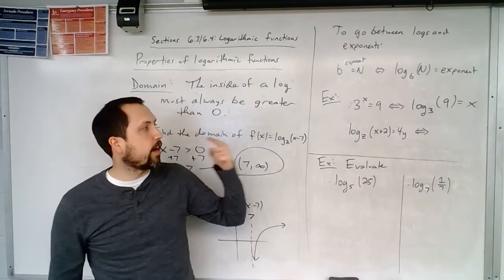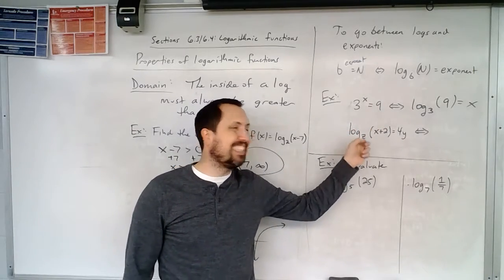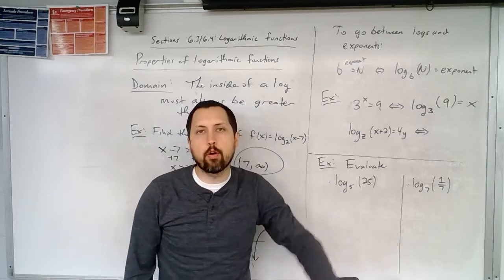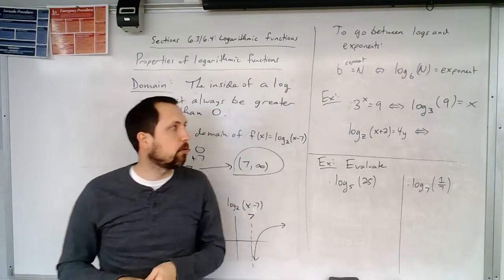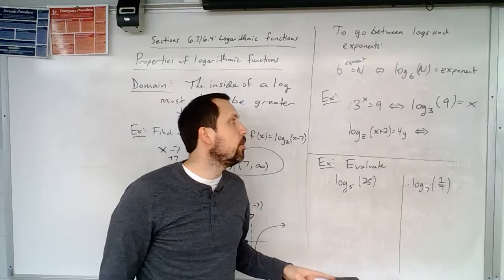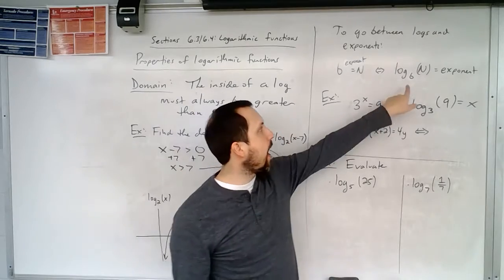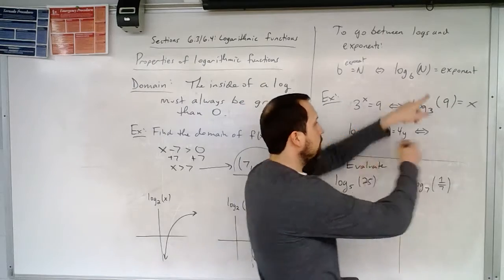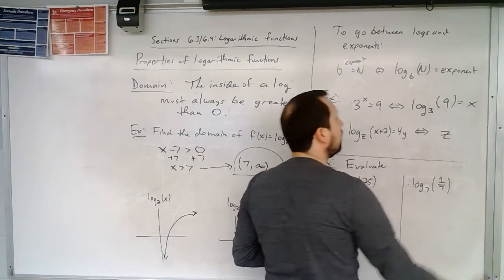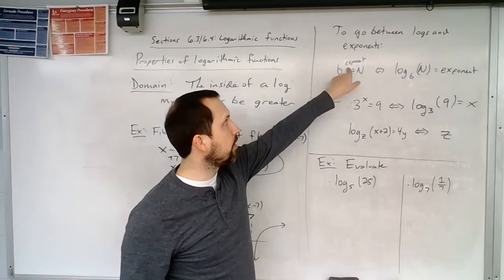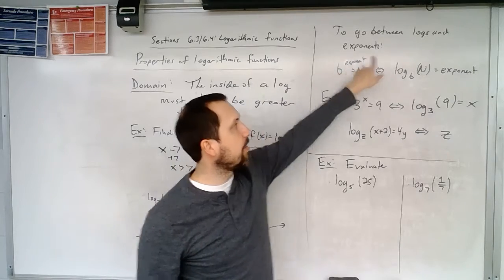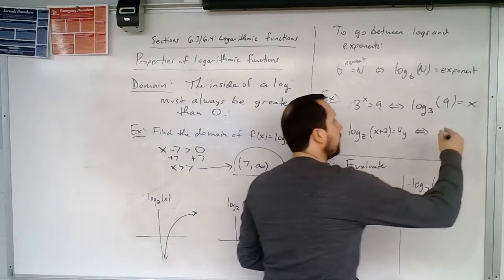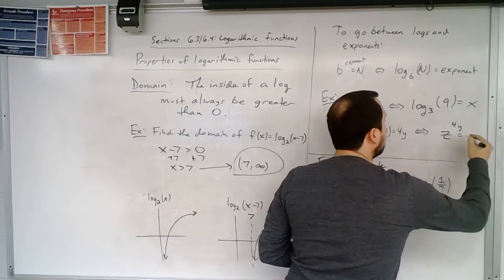Go in the opposite direction, so I have log base z of x plus 2 equals 4y. So now we start throwing in some variables here, a lot of them. We just follow this property, right? If I want to write an exponential form, I have to find my base. My base is the same. My base is z. The exponent of my exponential function is on the other side of the equal sign. So that's going to be to the 4y.